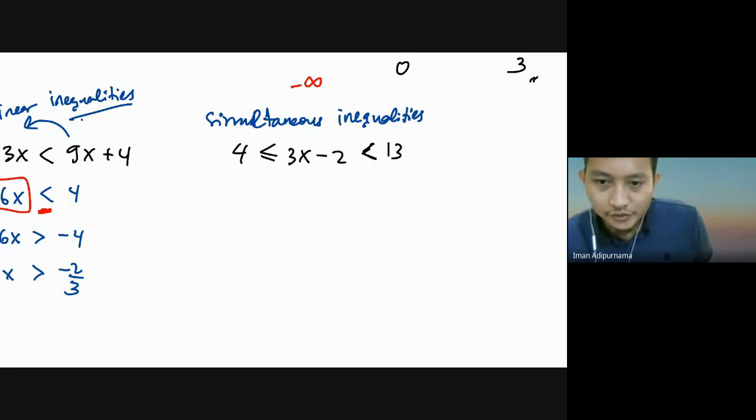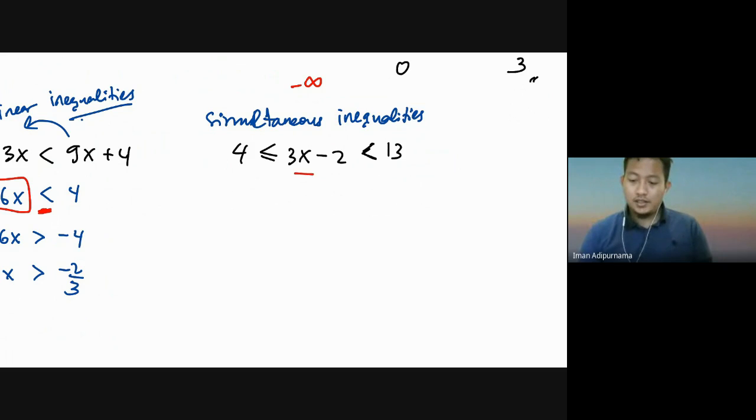Oh, be careful, it has the less than or equal. Yeah, basically it's the same thing as before, but you have more.